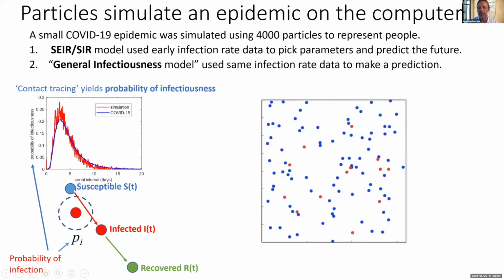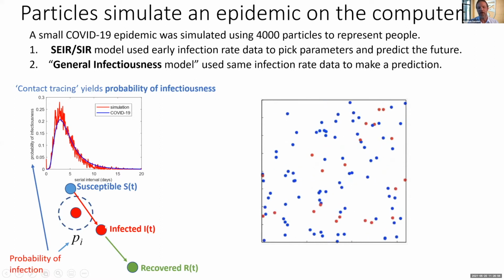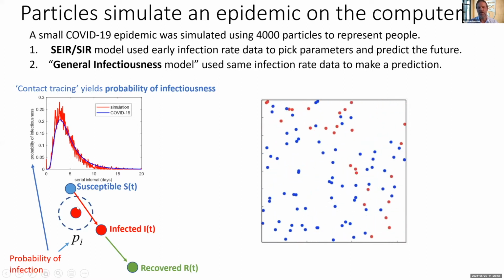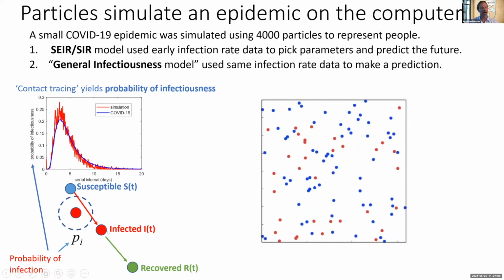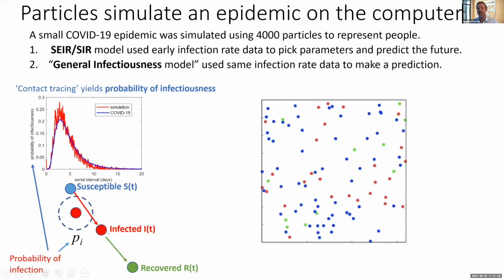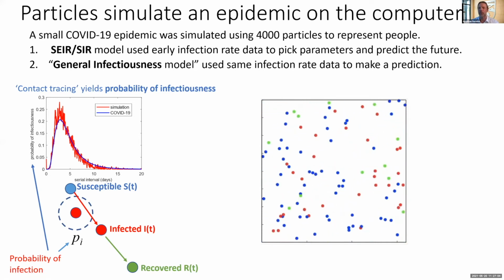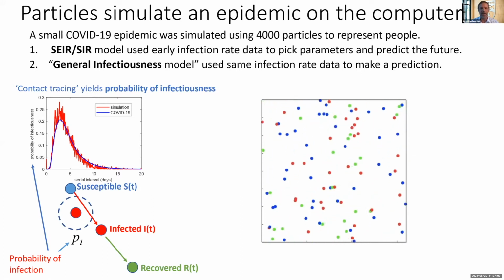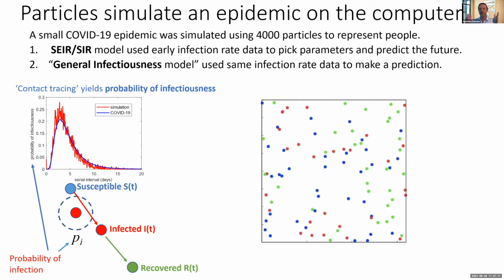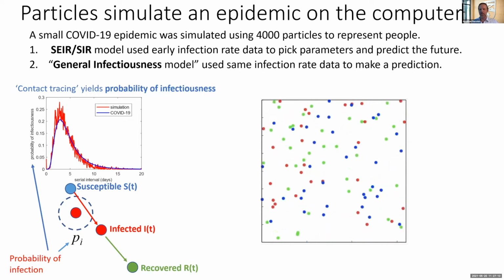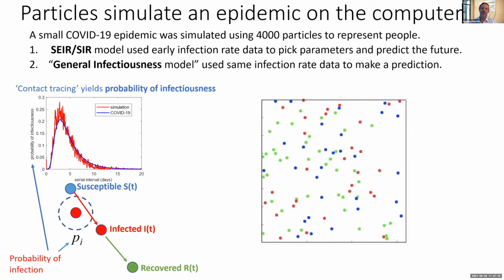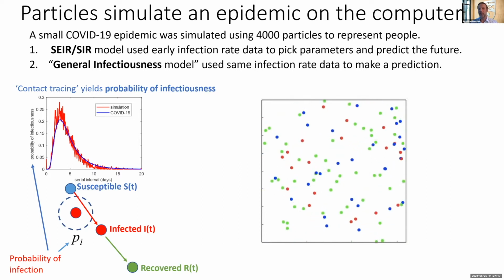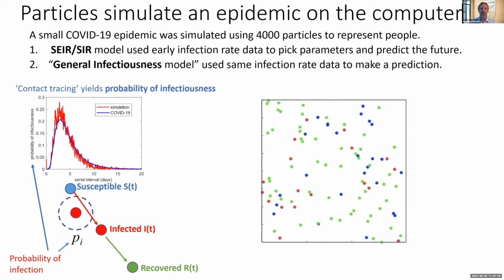And if a susceptible person comes nearby an infected person in red, then there's a probability chance that they may become infected. This is determined by a random number generator to see if that propagates. Those people then become infected for a certain amount of time that we can set in our simulation, and then they become recovered and are no longer infectious.